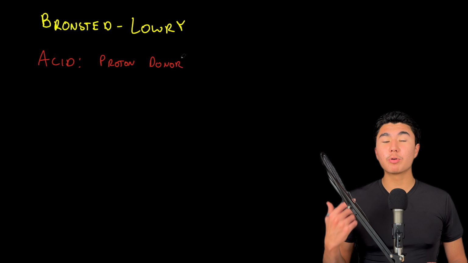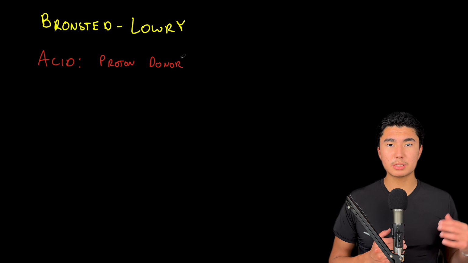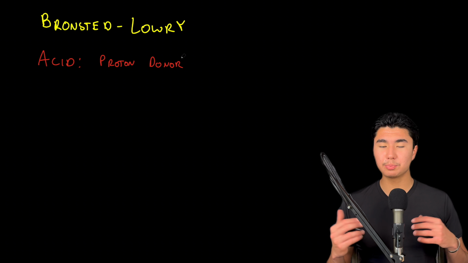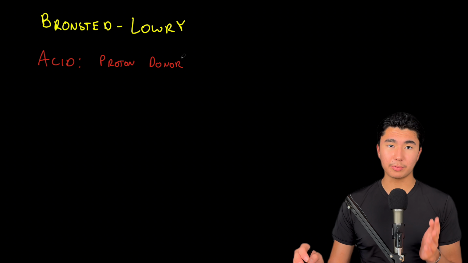So let's start with the Bronsted-Lowry definition. First, let's talk about the Bronsted-Lowry acids, and these are proton donors, because when we're talking about the Bronsted-Lowry definition, we're really talking about those hydrogens, so those H pluses, and a proton donor is going to be our Bronsted-Lowry acid.